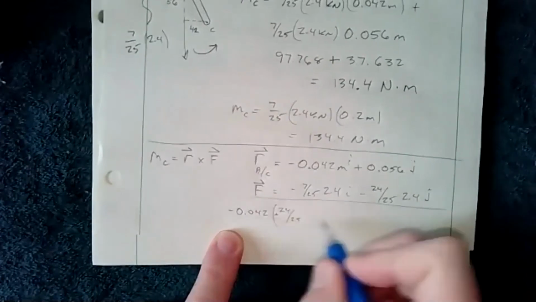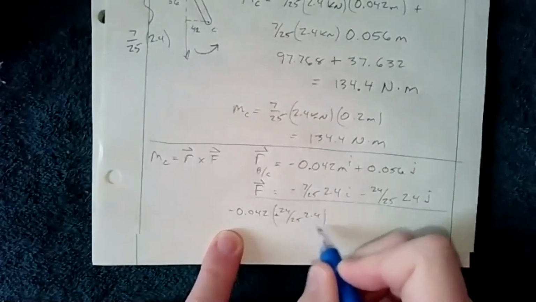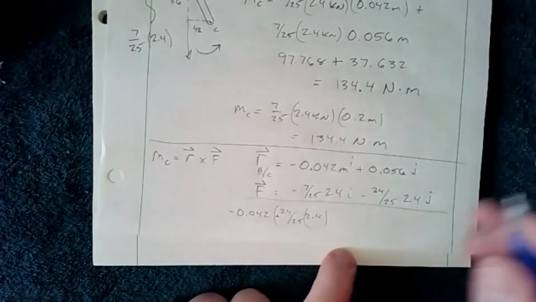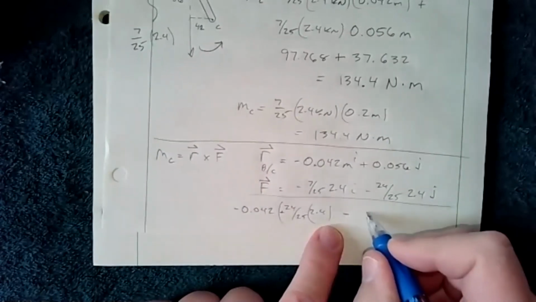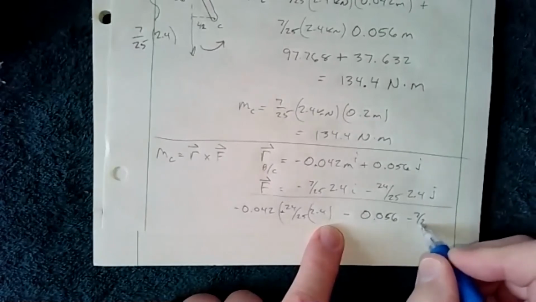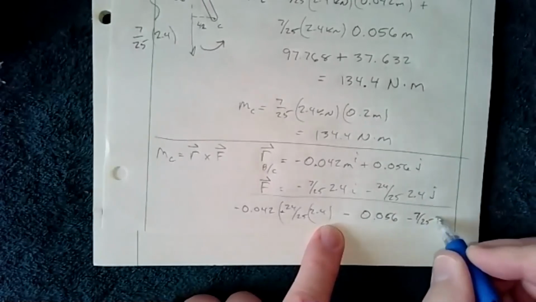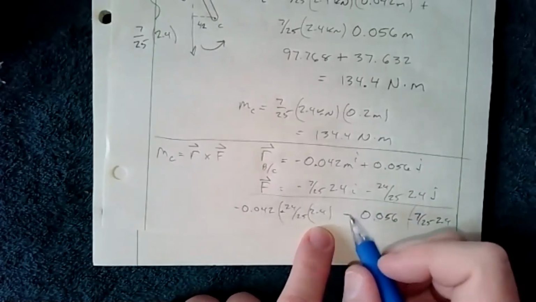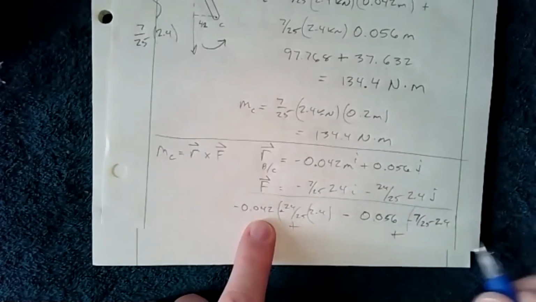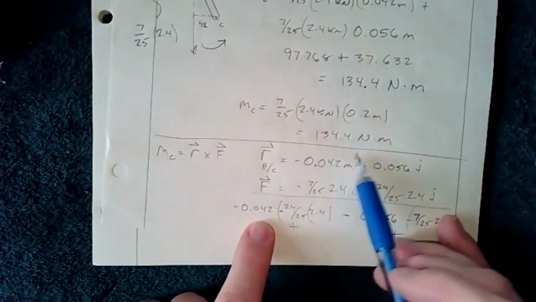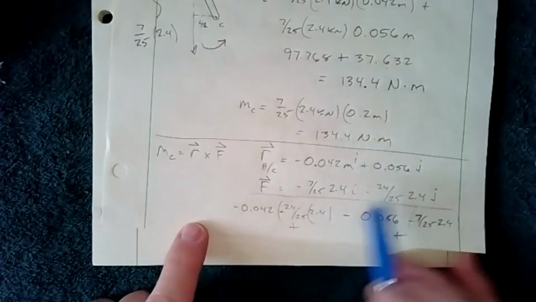That's going to be a negative times 2.4, so negative times negative is a positive. And then minus 0.056 times a negative 7/25 times 2.4. So negative minus, so it's going to be a positive. So basically it's a positive plus a positive. And these are the same numbers we had up here, so it makes sense we're going to get the same result. I know I went through that part really quick.